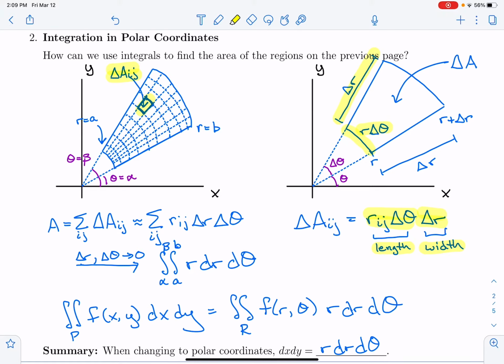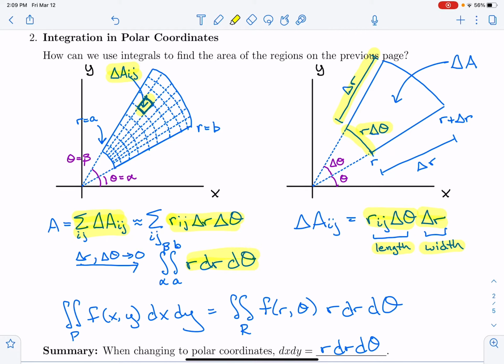We could sum up over many of them to get the area of the entire region. And so we'd be summing up over r sub ij delta r delta theta. But if we let delta r and delta theta go to 0, so that we're using more of these approximate rectangles, but because they're smaller, our approximations are going to get better, then we could look at this as being a double integral over r dr d theta.